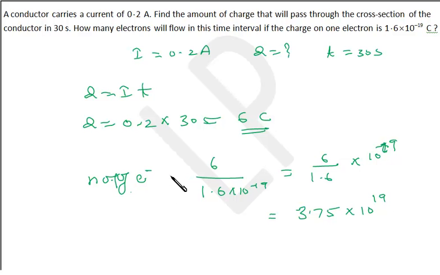So the number of electrons is this Q over the charge on one electron. So N is equal to Q by E. Total charge by charge on one electron will give us the total number of electrons. I hope you are clear.